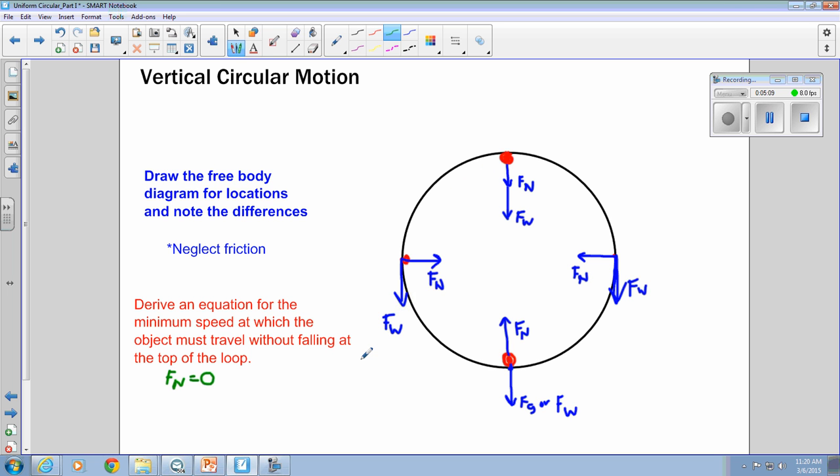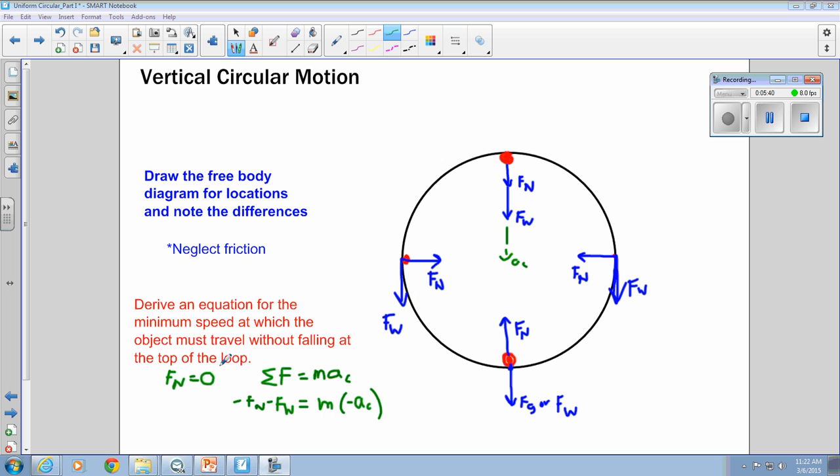Now, deriving an equation, we can analyze the forces and come up with a net force. The net force is equal to the mass times the centripetal acceleration. What are the forces that make up my net force? I've got a negative force normal and a negative force weight. And my centripetal acceleration, that too is acting negatively.